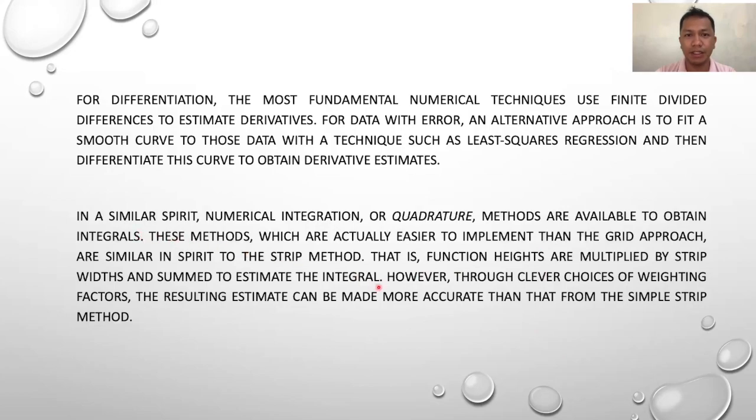In a similar spirit, the numerical integration or quadrature methods are available to obtain integrals. These methods are actually easier to implement than the grid approach we had earlier. That is, function heights are multiplied by strip widths and summed to estimate the integral.